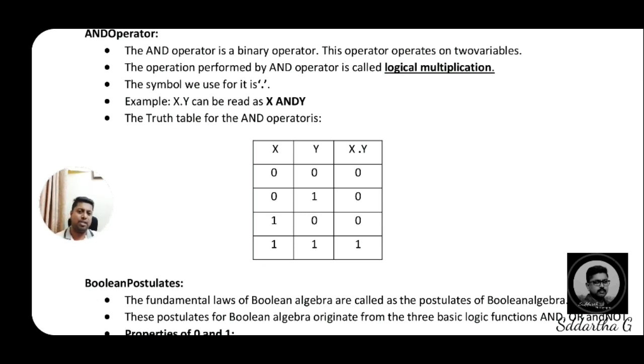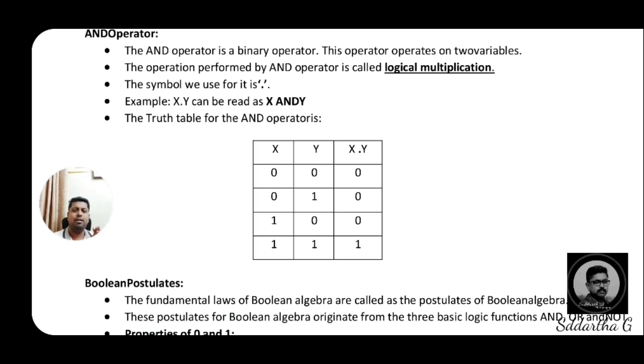But in this truth table, only when both inputs are 1 is the result 1. So 1 into 1 gives 1. In all other cases, the result is 0. So this is what we call the AND operator.